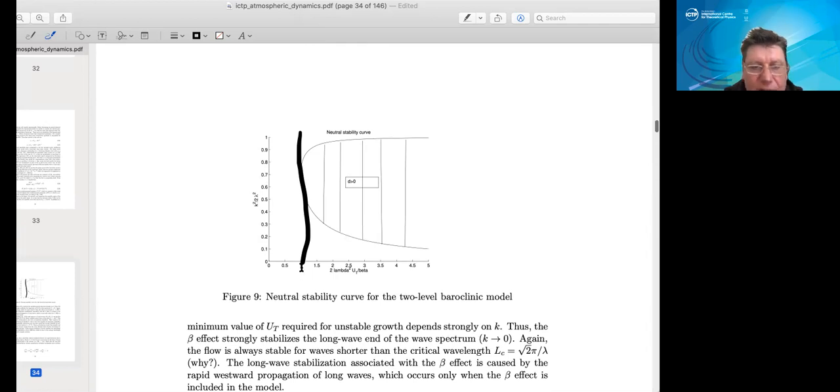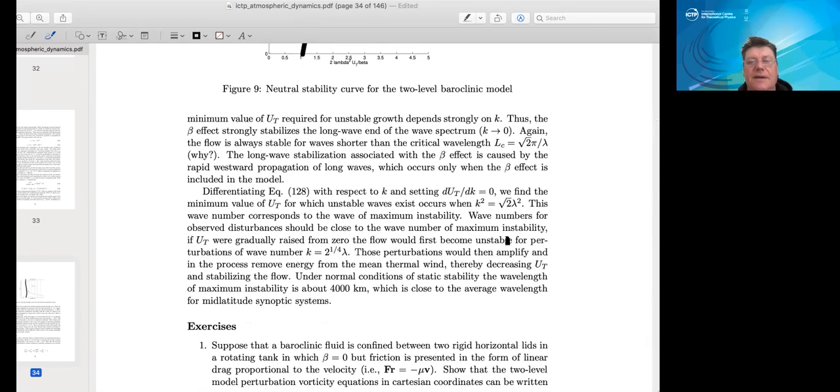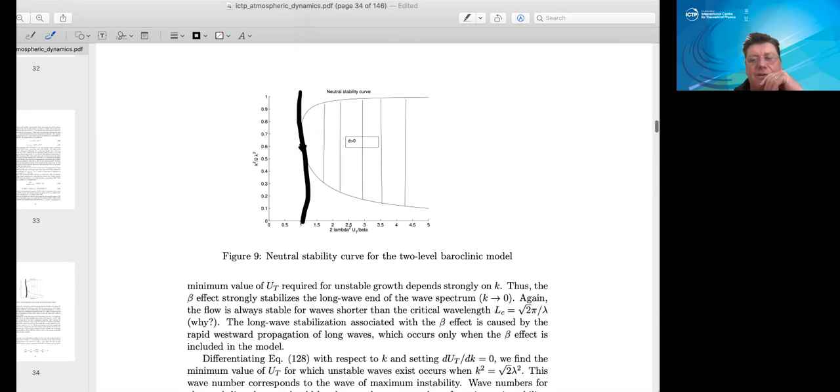That is actually 1. And so this point is where the waves for the first time become unstable given a thermal wind. This is the wave number that with the minimum thermal wind becomes unstable. And then if we increase the thermal wind further, we get a large unstable domain. But this is the first time the wave number becomes unstable if we increase our thermal wind coming from the stable region.